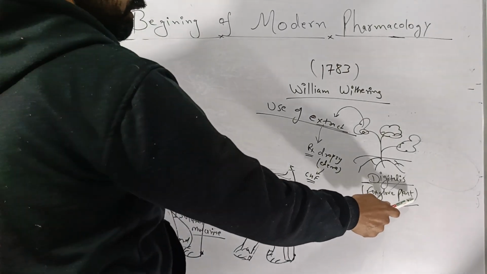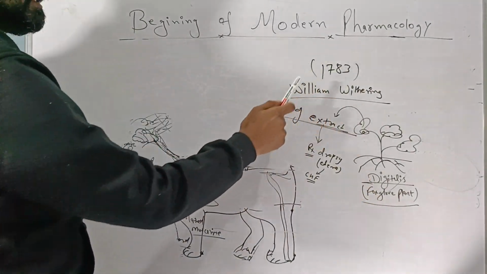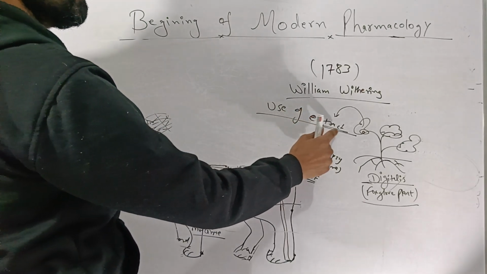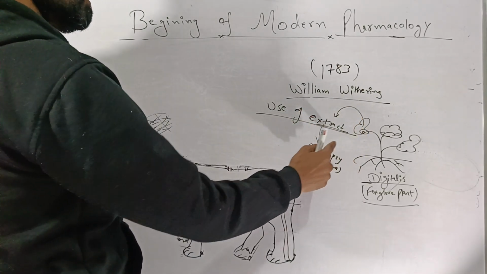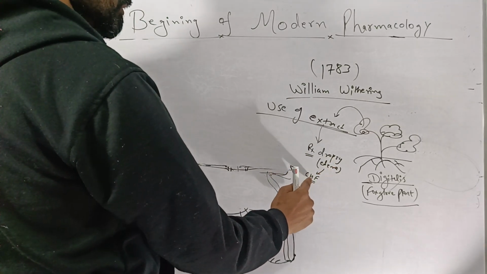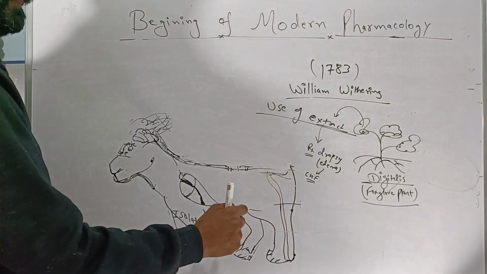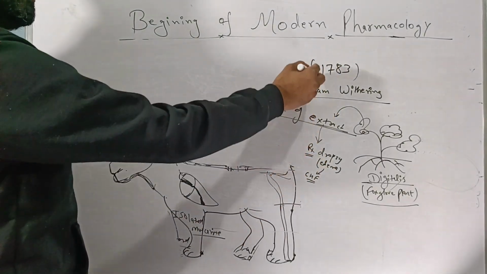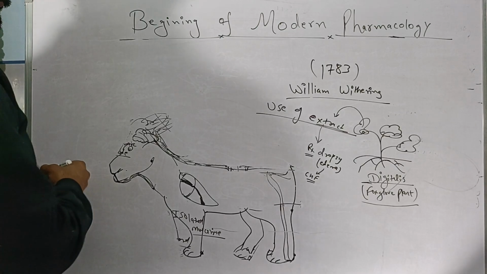So in 1783, William Withering reported the use of the extract from this plant to treat dropsy or edema caused by congestive heart failure.